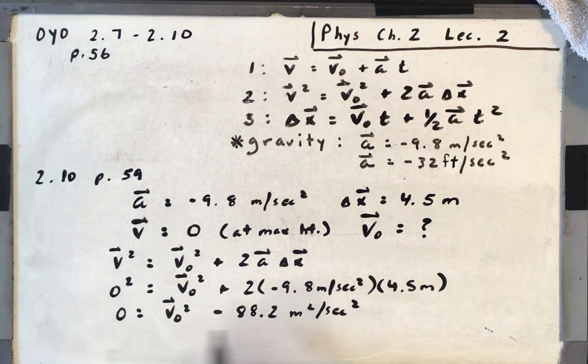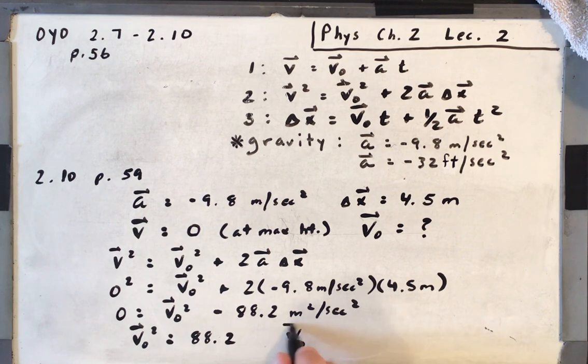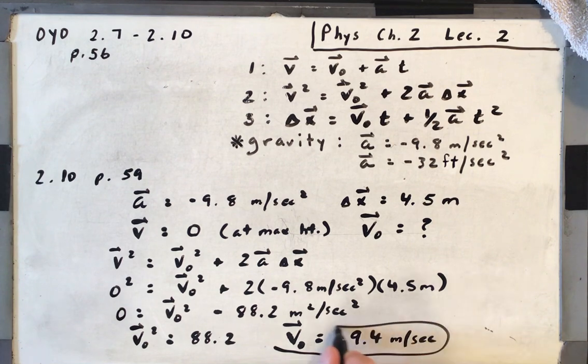All right, so let's move that 88.2 to the other side, and we'd have V naught squared is equal to 88.2. So V naught, take the square root of 88.2, and you'll get 9.4 meters per second. All right, cool.